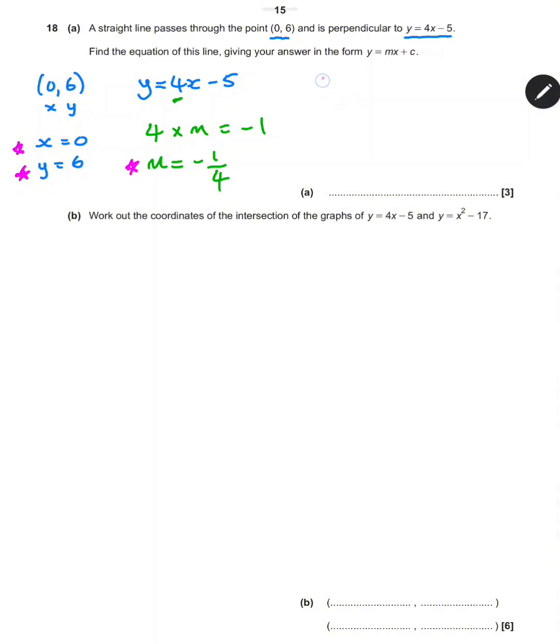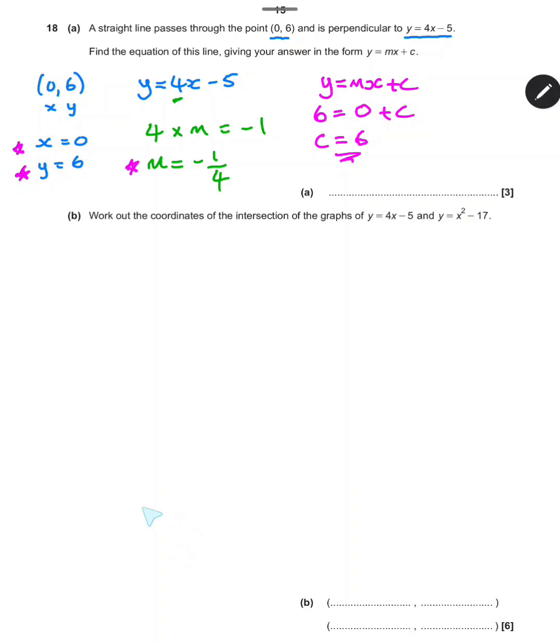Let's put that into the equation, y equals mx plus c. You're going to get 6 equals -1/4 times 0, -1/4 times 0 will be 0, plus c. 6 is 0 plus c. C must equal 6. C is always the missing thing when you're looking for the equation of a straight line.